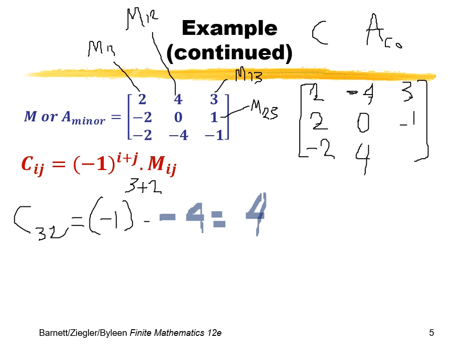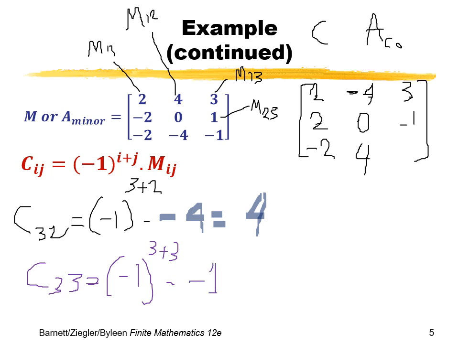And the last element in the cofactor matrix, which is C33, equal negative 1 power 3 plus 3 times M33, which is -1.